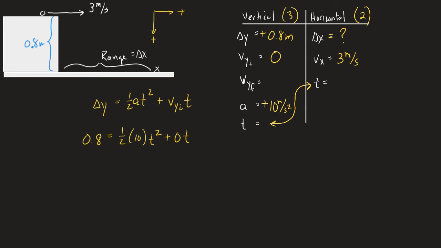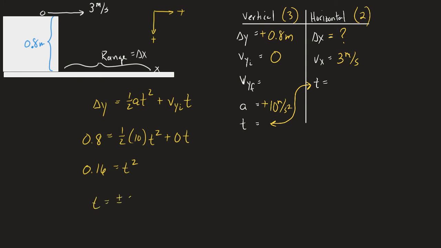Let's see. 10 divided by 2 is 5. 0.8 divided by 5, I don't know what that is. 0.16 equals t squared. Take the root of both sides.